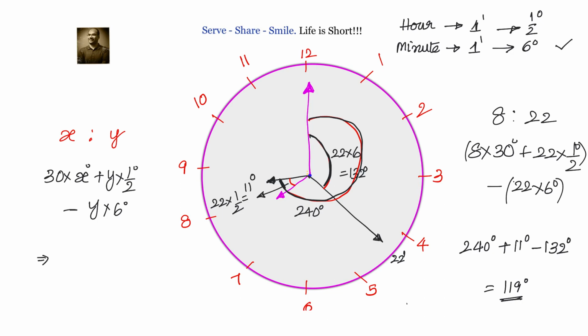Let us simplify this. What we are going to get is 30 into x plus y into 1 by 2 minus y into 6 degrees.